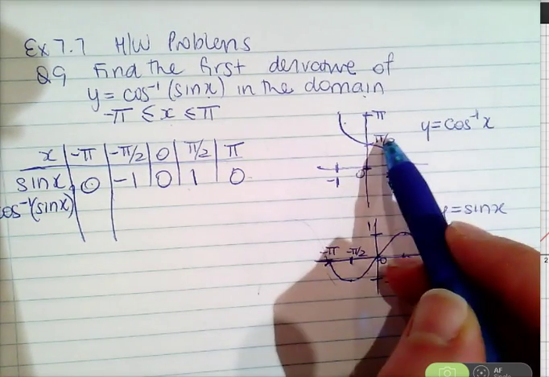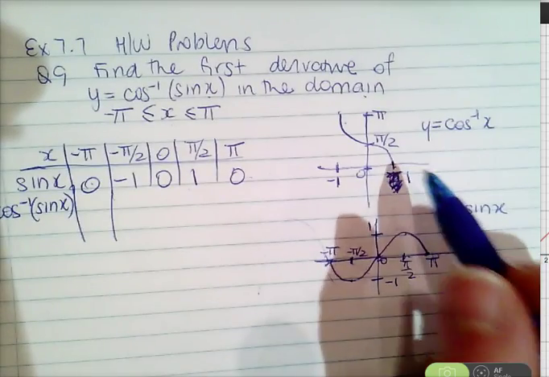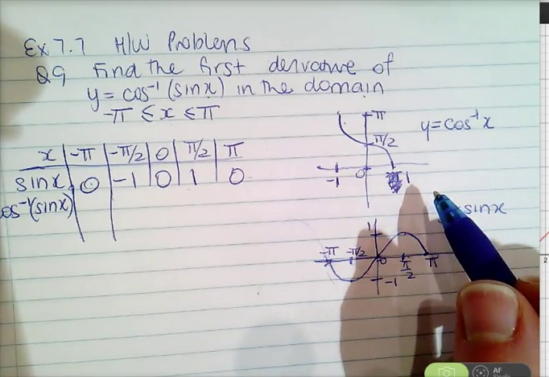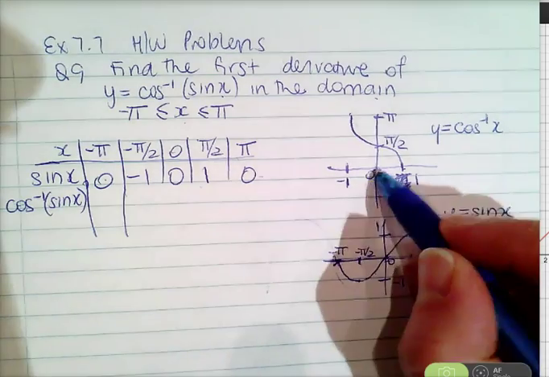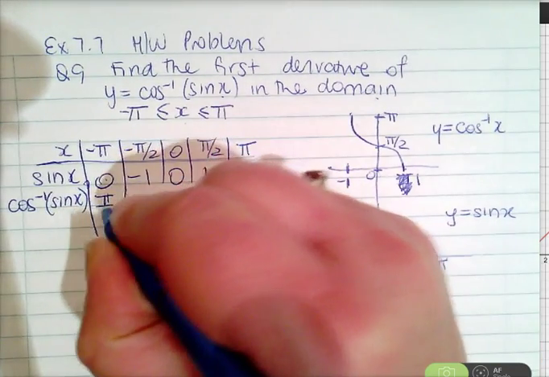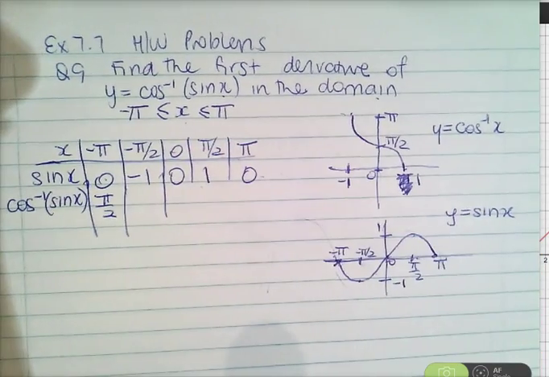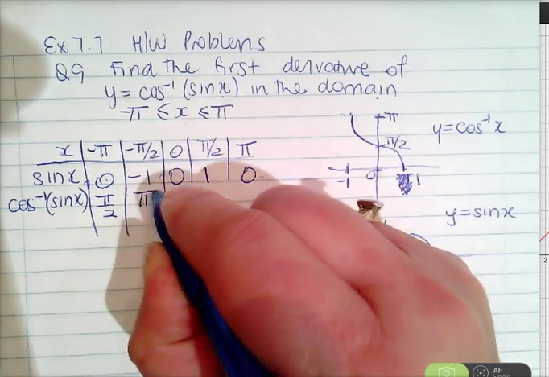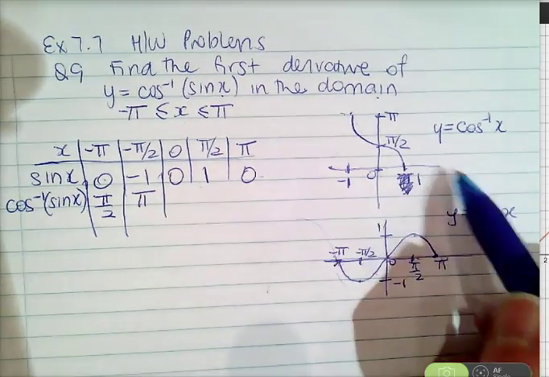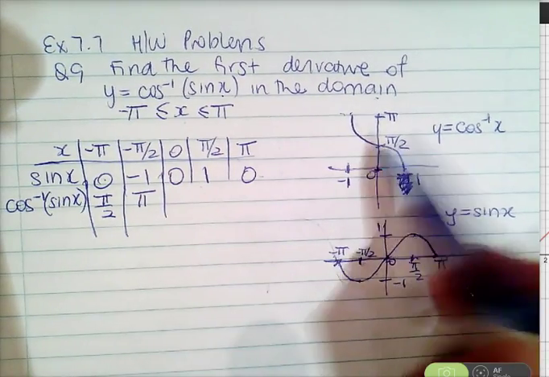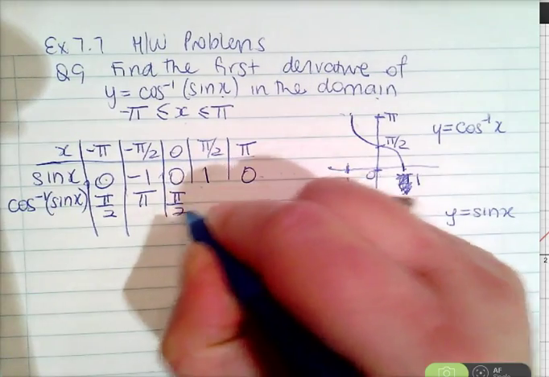Because cos to the minus 1... So the inverse cos of 0 is pi on 2. The inverse cos of negative 1 is pi. The inverse cos of 0 is pi on 2.